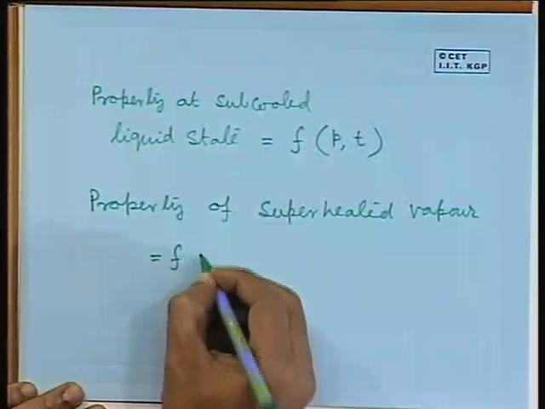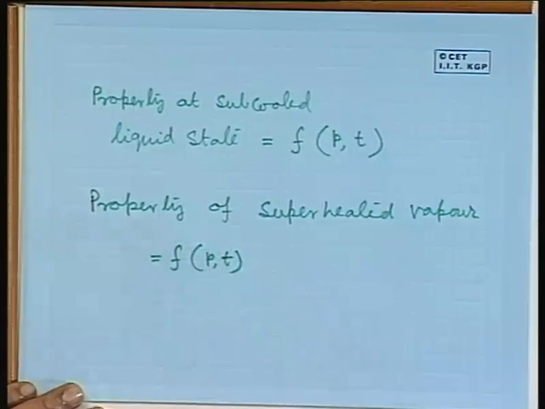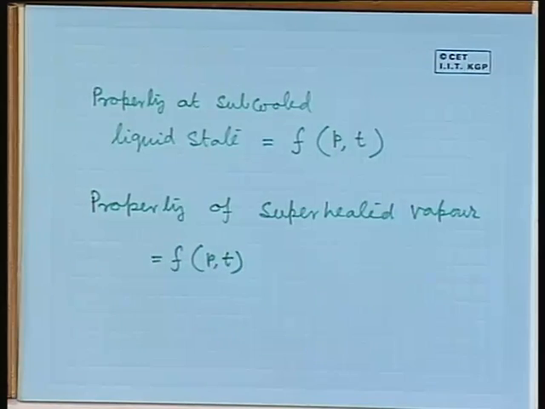As I have mentioned earlier also, pressure and temperature are two independent properties which can be measured easily, based on which other properties can be expressed. So, this is a function of pressure and temperature. Here of course, we cannot make any compromise. The property of the superheated vapor depends both on pressure and temperature.